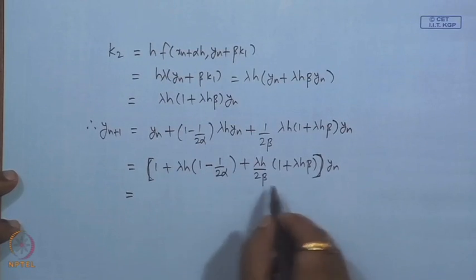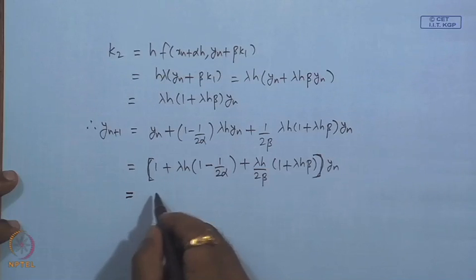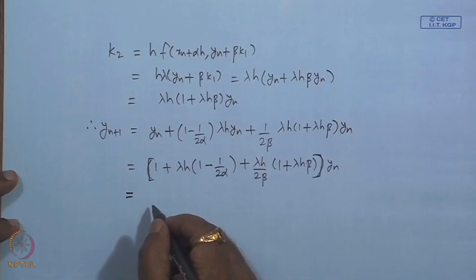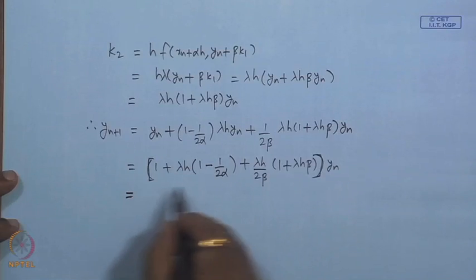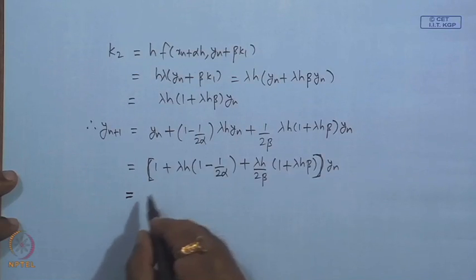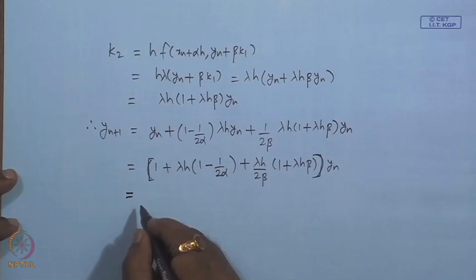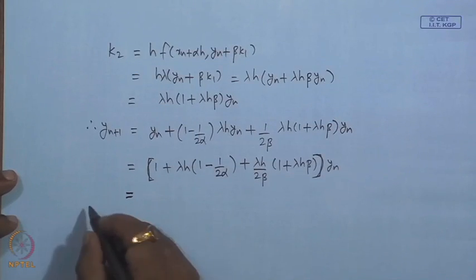So, from here we have to obtain what is E of lambda h. Okay. E of lambda h. So, consider a special case. Okay.